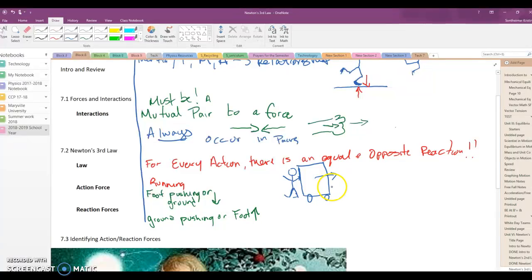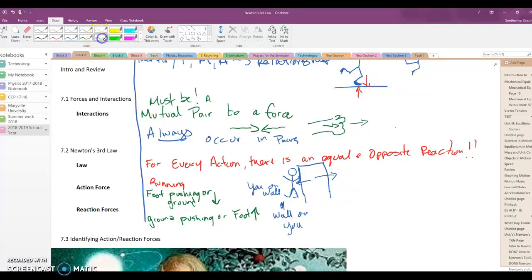Push on it, and the cart moves, and then you fall over and embarrass yourself. If you actually are leaning on a wall, the wall does not move. Why does the wall not move? As you push on the wall, it returns that push on you. All right? So the action would be you pushing on the wall, you on wall. The reaction is wall on you. And you don't look foolish in front of your lady friend.